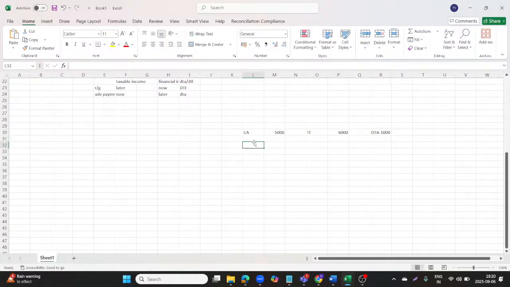But suppose the Companies Act says you need to pay 2,000, but the Income Tax Act says you need to pay 1,500. That means right now it is giving you a benefit, in future it will ask you to pay more. So DTL will be created of 500. Okay, so this will be the scenario.